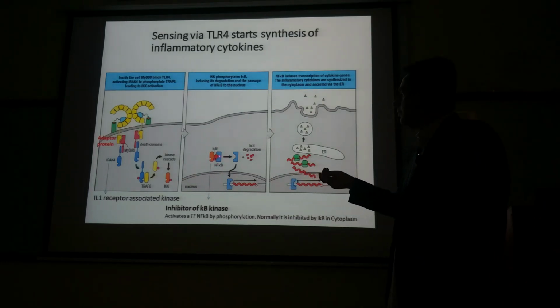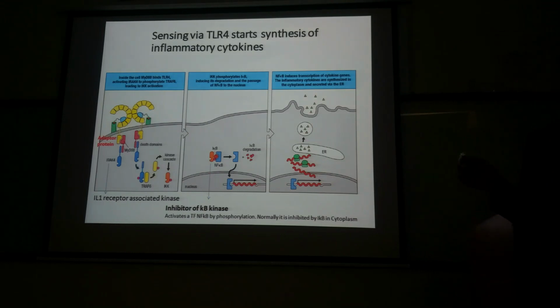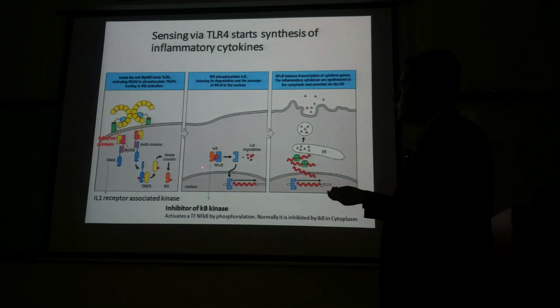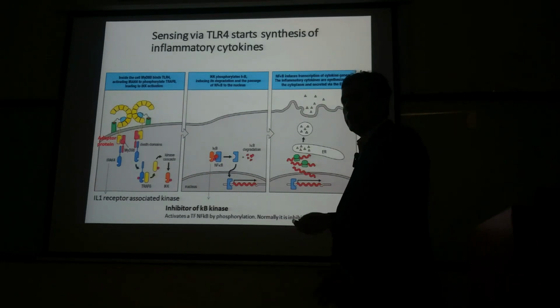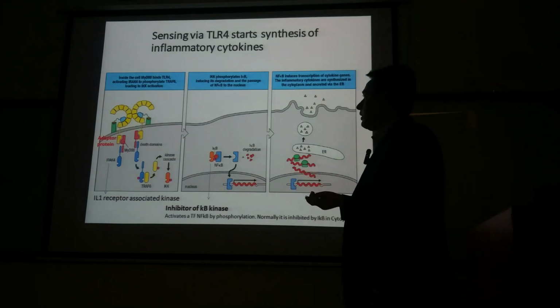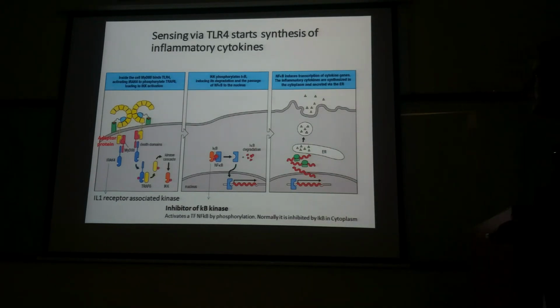because this factor, inhibitor of KB kinase, is bound to it. As you see here, this thing is bound to the blue one, NFKB. Now this assembly should be disrupted and broken so that NFKB is released.